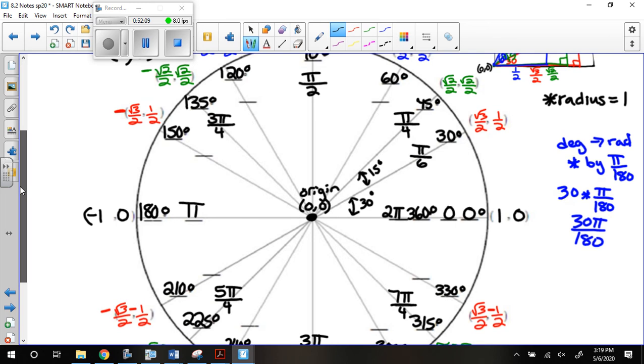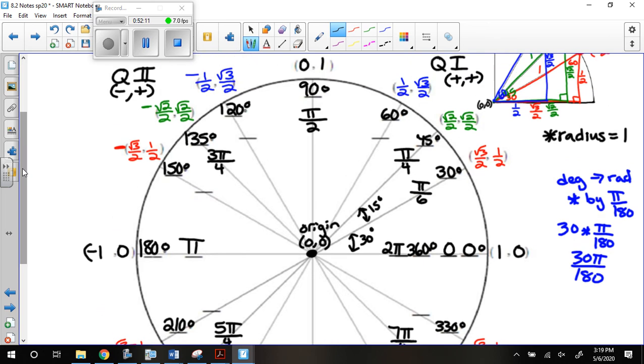Okay, now I labeled this 30 degrees with pi over 6. So that means every 30 degrees is a sixth of a pi, just like every 45 degrees was a quarter of a pi. So 30 degrees is 1 pi over 6.